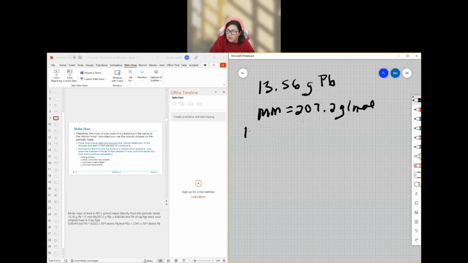Well, 13.56 is the number that I start with. And I know that I have this conversion factor. I have 207.2 grams in 1 mole of lead. And I can do that math. That's not overly complicated.